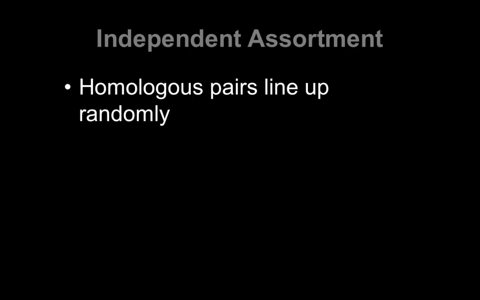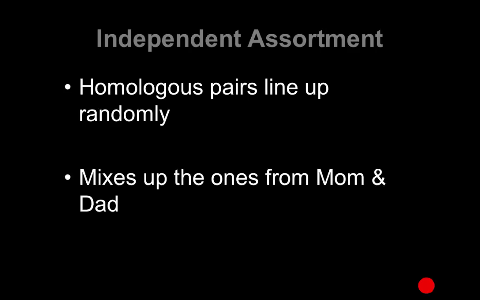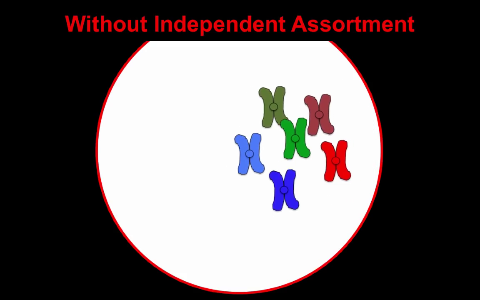Now, independent assortment simply means that your homologous pairs are going to line up randomly. Your genetics are made from chromosomes from your mom and your dad, and you're going to give your child a mixture of mom and dad. And that's going to be really important, as you're going to see here.